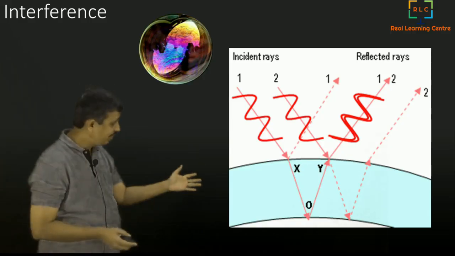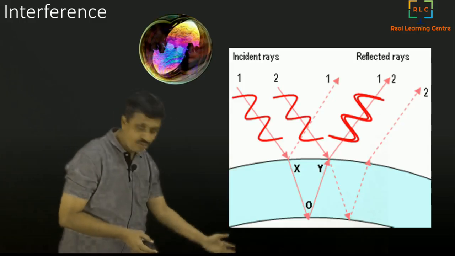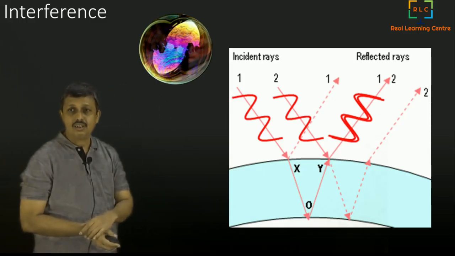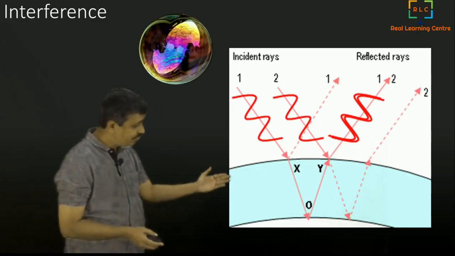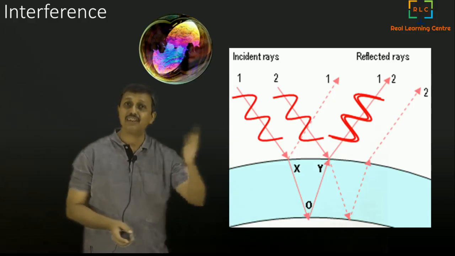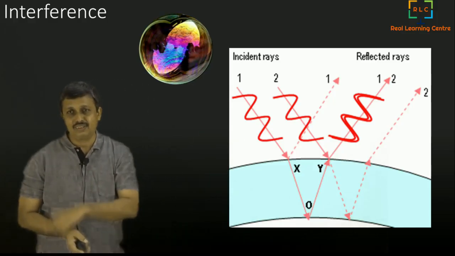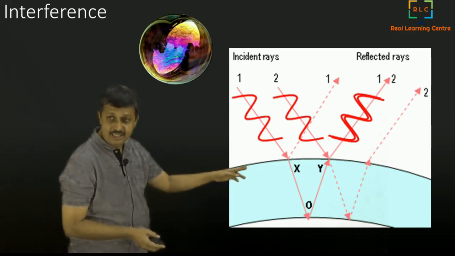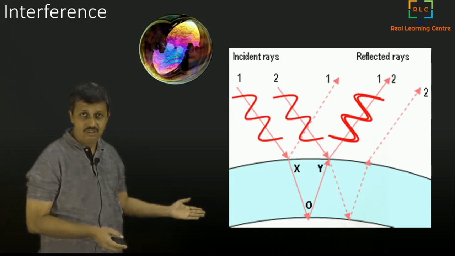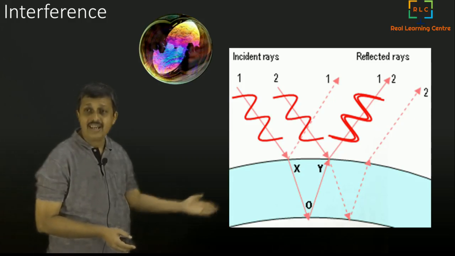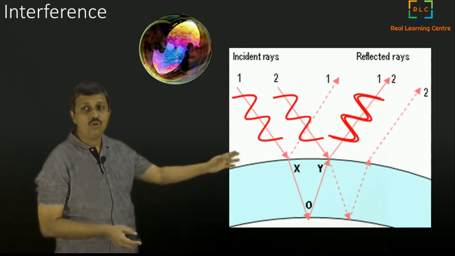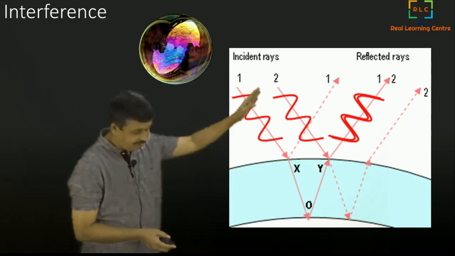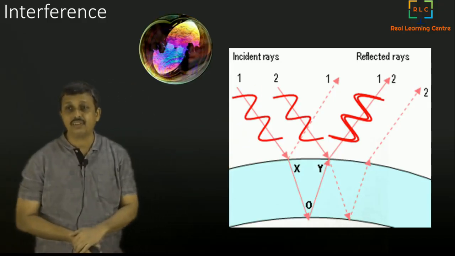Then when light goes from the other side into the bubble, it is going from denser to rarer, and there is also a reflection. See this XO, there's the light going, and OY is reflected, and that OY light gets out again through refraction.